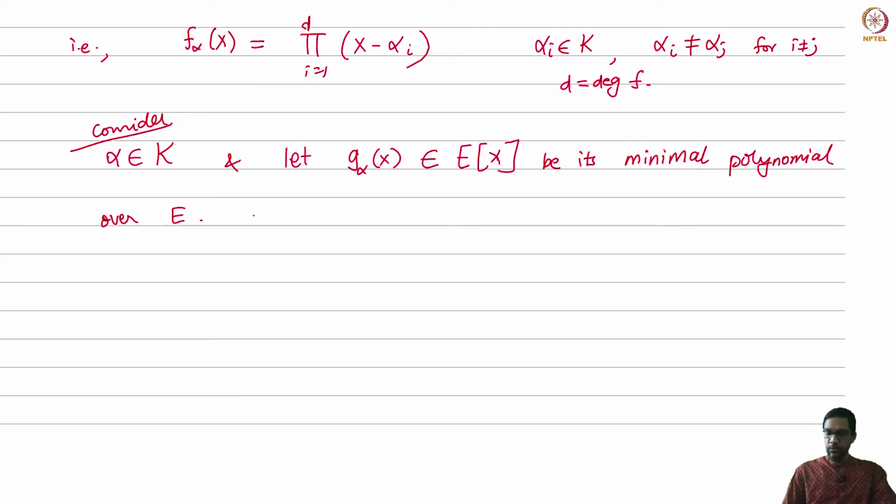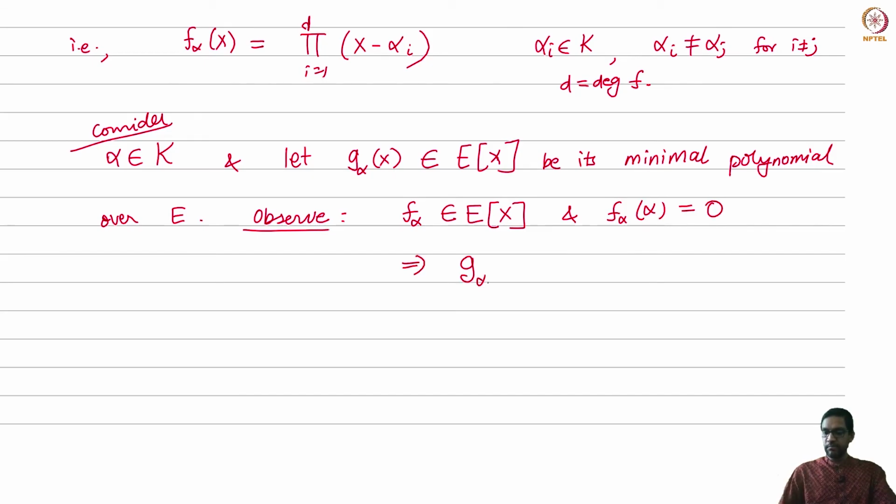Now observe, this is our usual sort of argument, that f_alpha is also in E[X]. It's actually in F[X], but therefore it's certainly in E[X] because E is bigger, and f_alpha has alpha as a root, which implies that g_alpha must divide f_alpha.